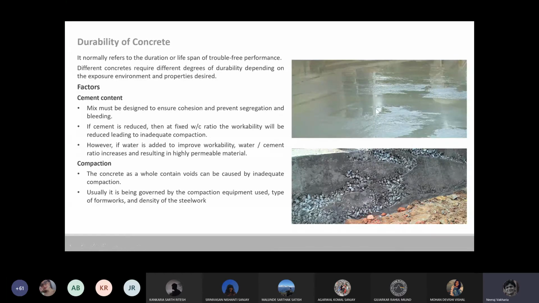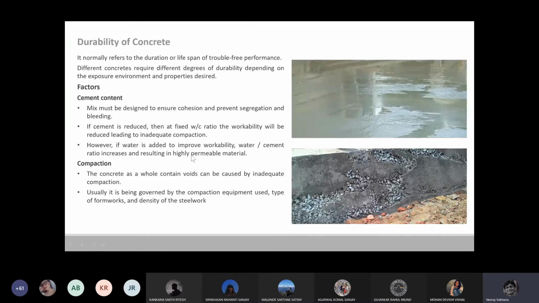It lets the water release from itself, and the composition below doesn't go through proper hydration process, so that can affect durability. If cement is reduced, then at a fixed water cement ratio, the workability will be reduced, leading to inadequate compaction. Yeah, the amount of cement in proportion.